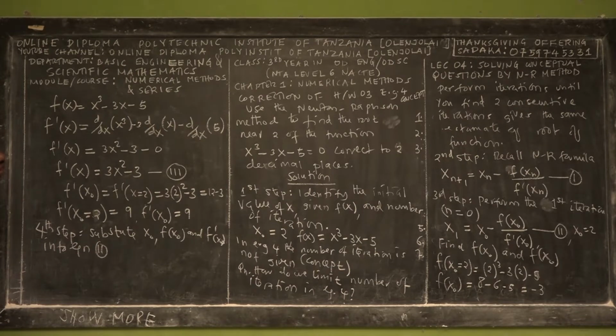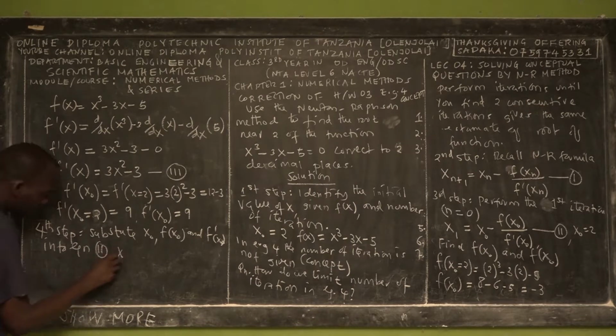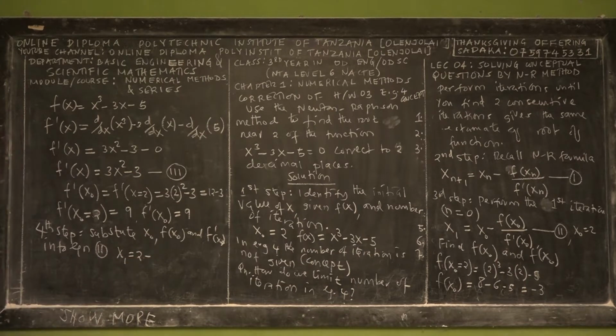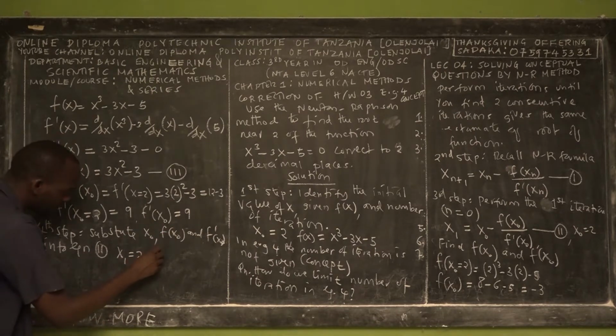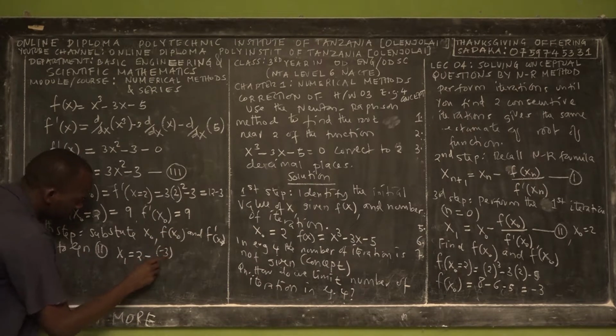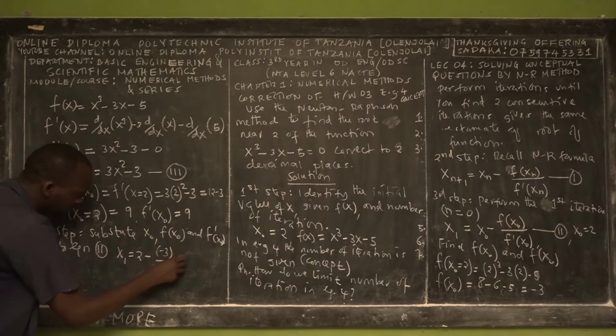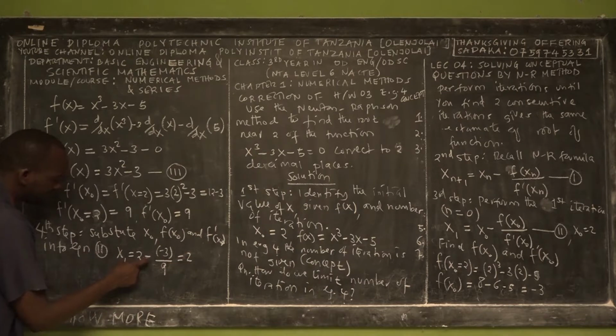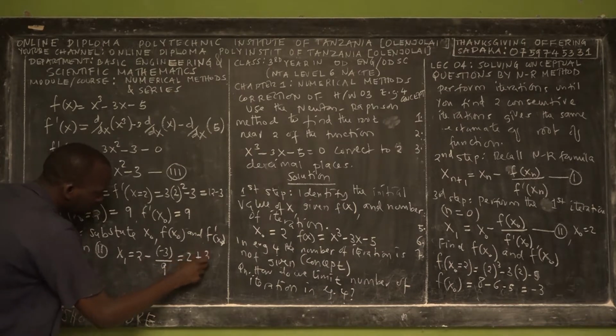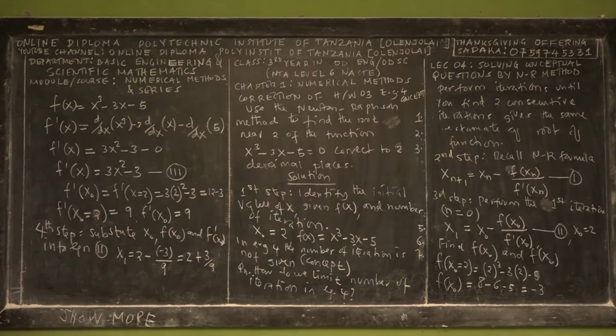So x1 is equal to x0, which is 2, minus f of x0, the value of which is negative 3, over f dash of x0, the value of which is 9. So this is equal to 2, negative becoming positive, plus 3 over 9. So 3 over 9 is 1 over 3, right?